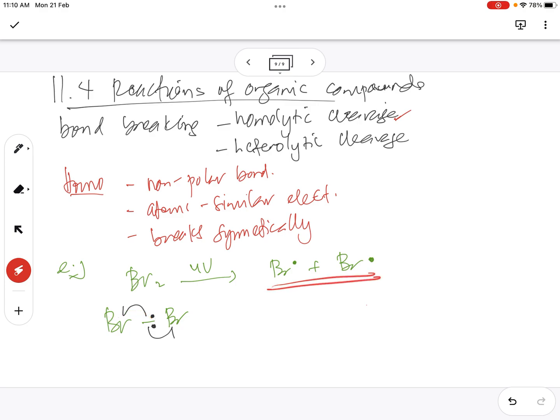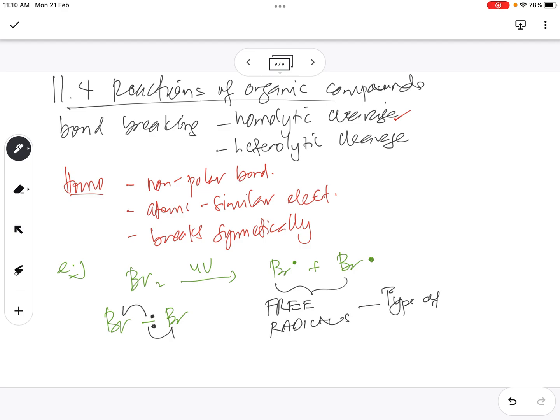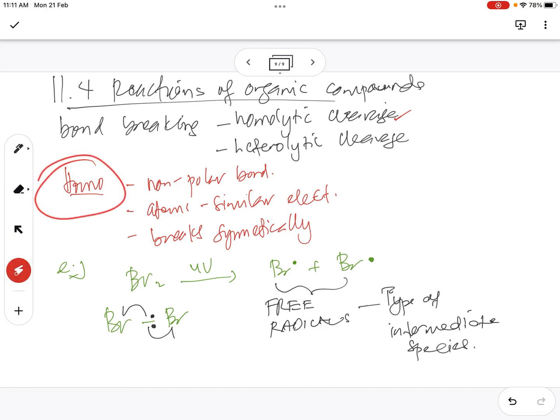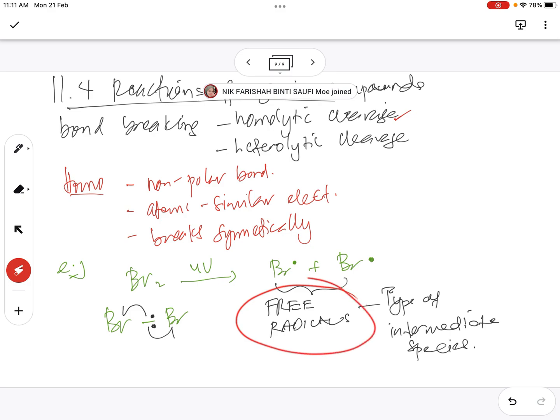That's how we get these, and these are known as free radicals. Free radicals are one type of intermediate species. So this is how we get the free radicals. So the conclusion is, homolytic cleavage produces free radicals.